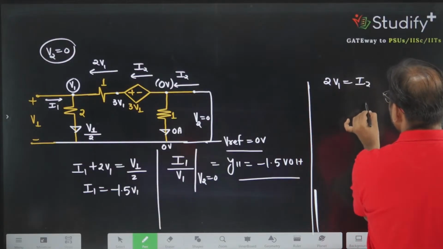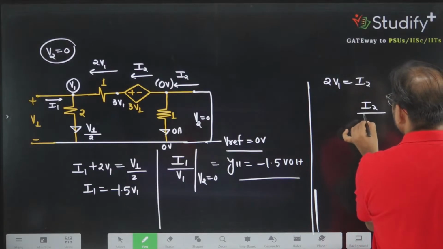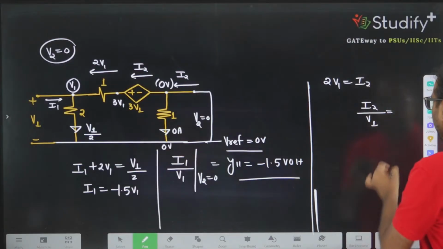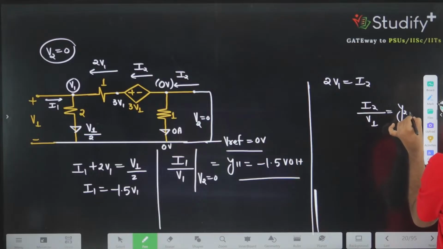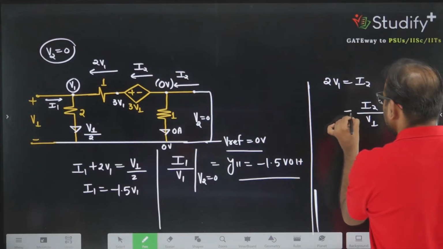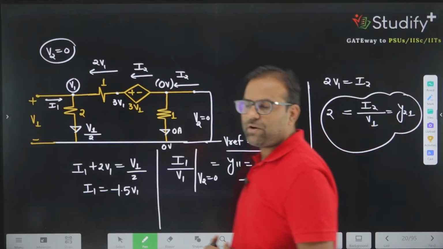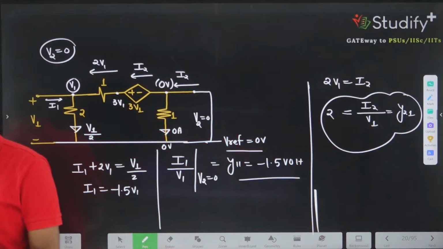And I am interested in the ratio of I2 divided by V1. Then what does I2 divided by V1 represent? I2 divided by V1 represents Y21, and this ratio is equivalent to 2. These are all 4 Y parameters.